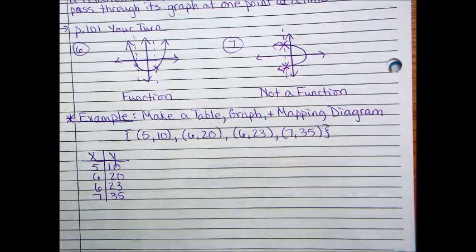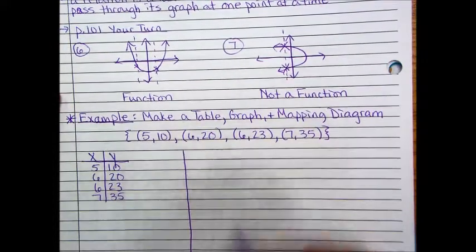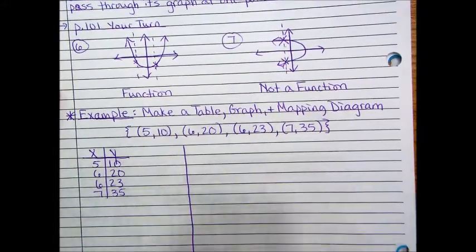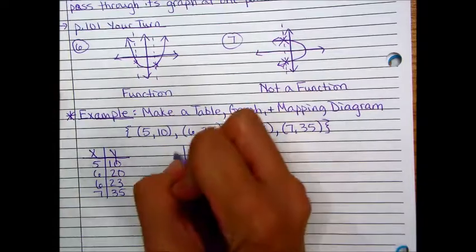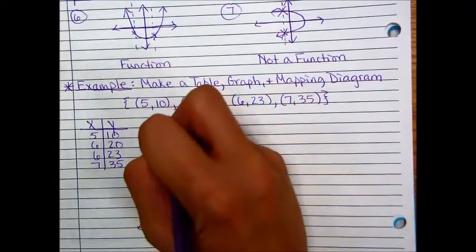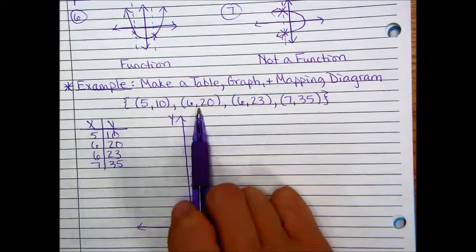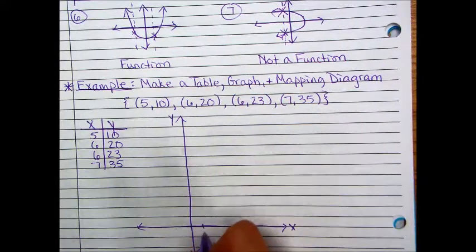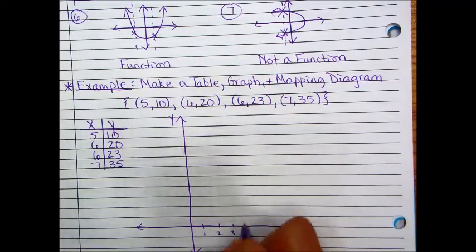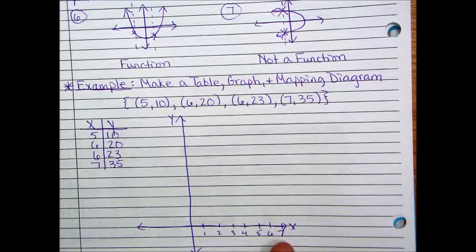Okay. As far as graphs go, we're going to make an X and Y axis here. Okay, and because my X coordinates are pretty small, like 5, 6, and 7, I can probably count by ones down here. I don't need to make a super large graph going out in this direction.